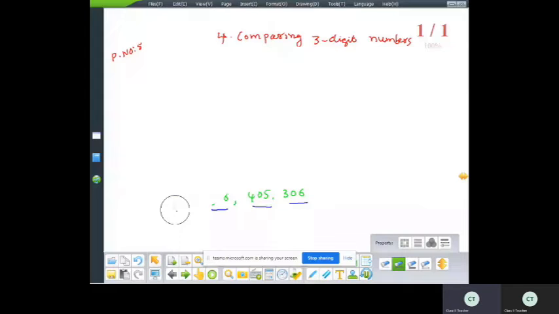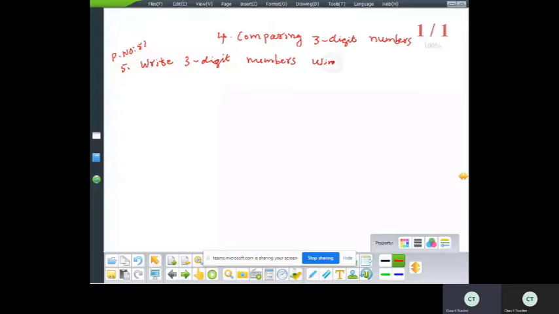Write 3-digit numbers using 7, 8 and 9. We have to make 3-digit numbers by using 7, 8 and 9.